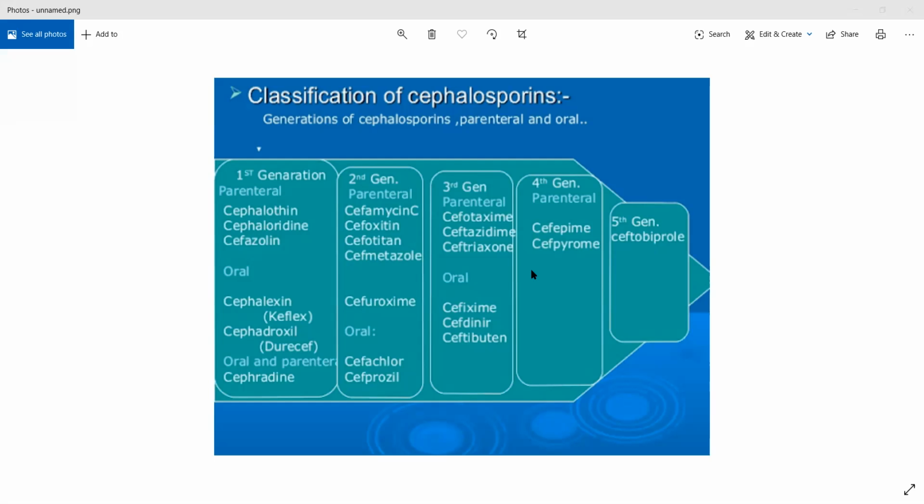In parenteral and oral, some drugs fall under both, especially something like cefuroxime, which can be both oral and parenteral. We'll be discussing some of the drugs from each of these generations, and I'll highlight the important points in each generation, with 1 or 2 examples.